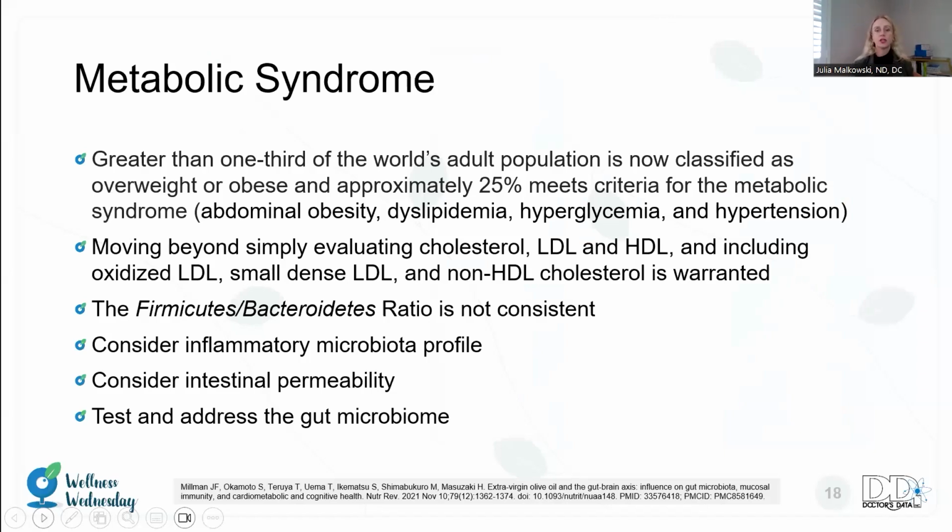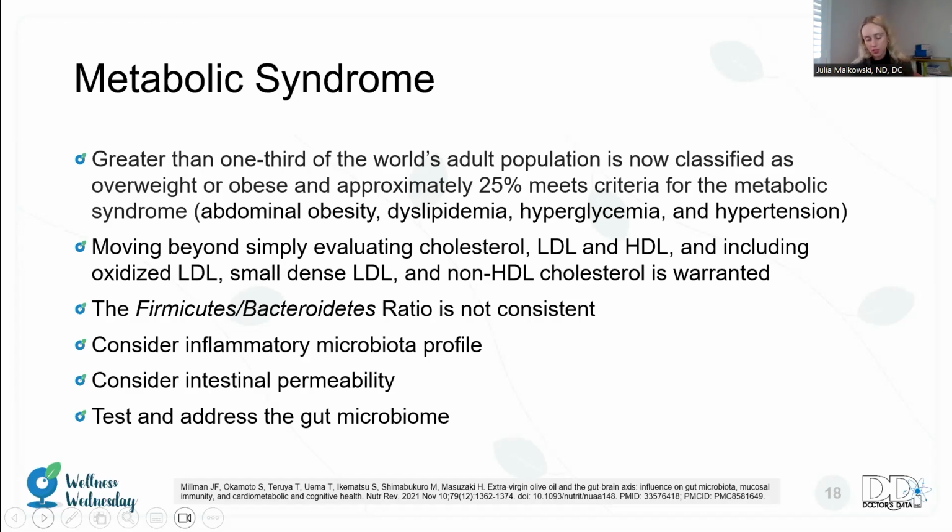Our next consideration is going to be metabolic syndrome. Metabolic syndrome is going to be individuals that meet that criteria, and you see this quite often in your clinic. Approximately 25% of individuals at this point have all 4 of the criteria of abdominal obesity, dyslipidemia, hyperglycemia, and hypertension. In these individuals, we want to move beyond simply evaluating those traditional markers of cholesterol, LDL, and HDL.